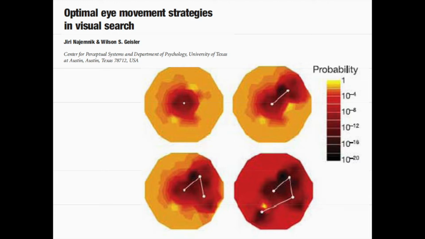So in the case of visual search, this information maximization algorithm could also account for interesting features of human eye movement behavior, because sometimes humans make what are called elimination saccades, meaning eye movements in between two possible targets.